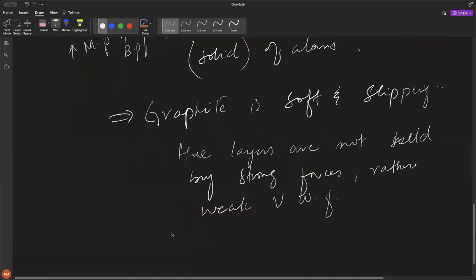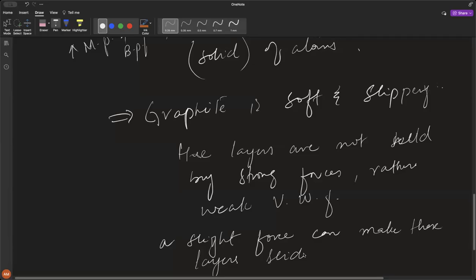Even the slightest force, a slight force, can make these layers slide over each other. You get it, everyone?